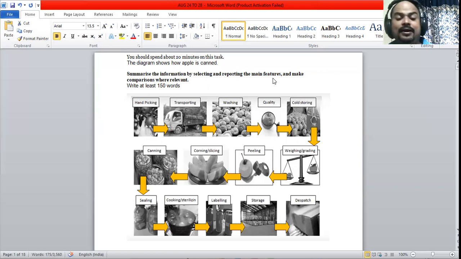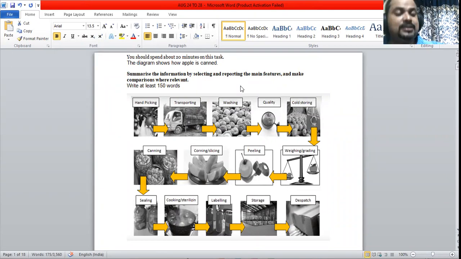Normally in a process diagram, you won't be having these particular headings there. You have these headings here that make things a little bit easier. In this particular diagram, it is better for you to understand and put it in words.